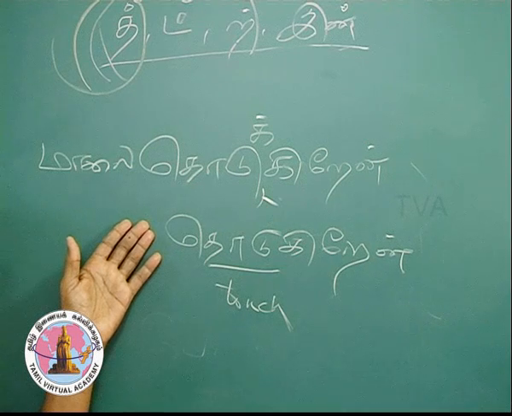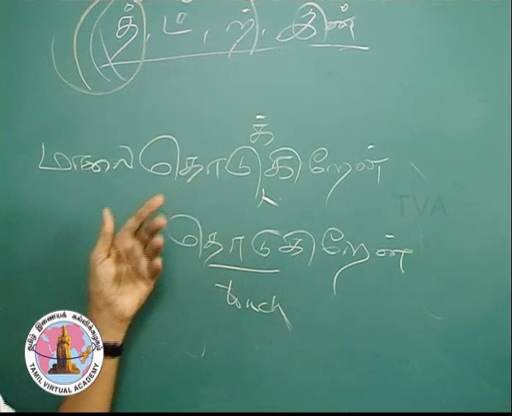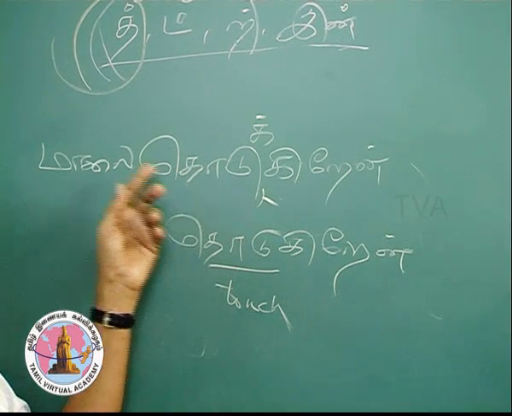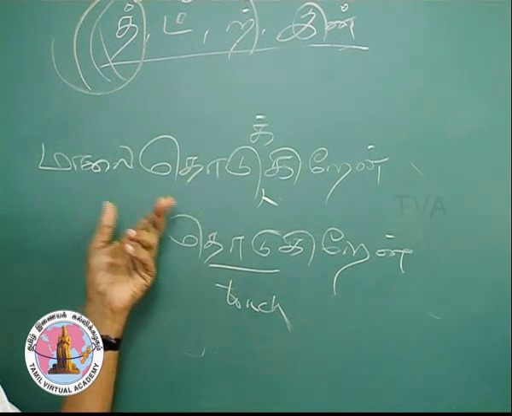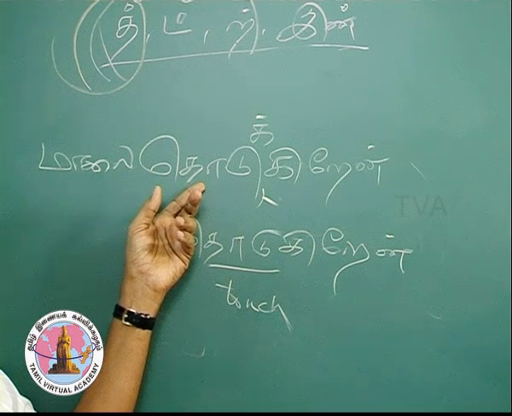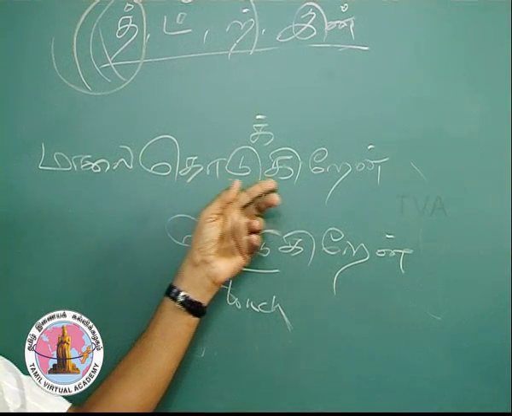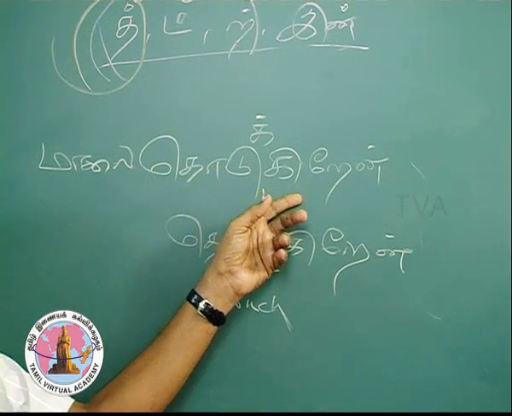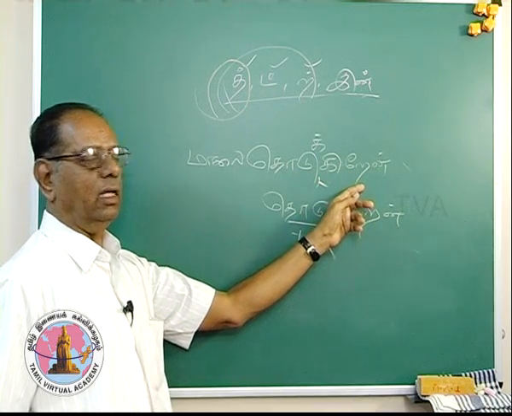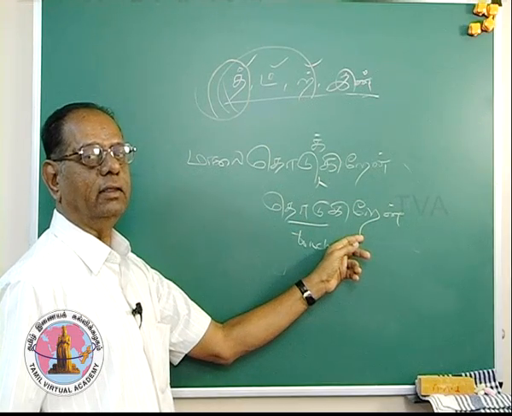See the difference. Todu is a word which has two meanings. One is to touch and the other is to make a garland, to weave a garland. When I use it for weaving a garland, automatically I double the ka in between. Todukkirain. If I mean touching, it will be Todugirain.